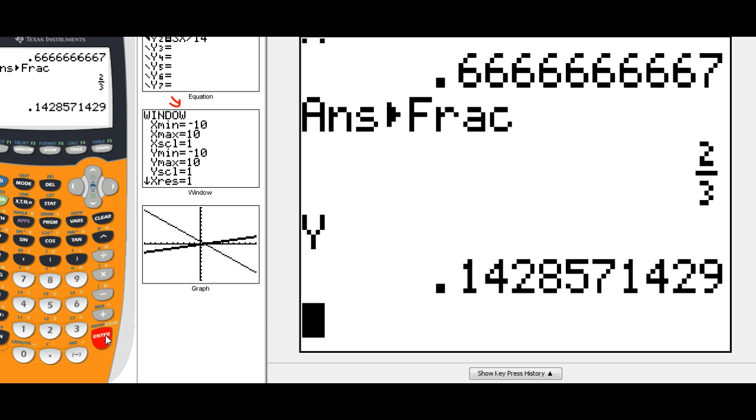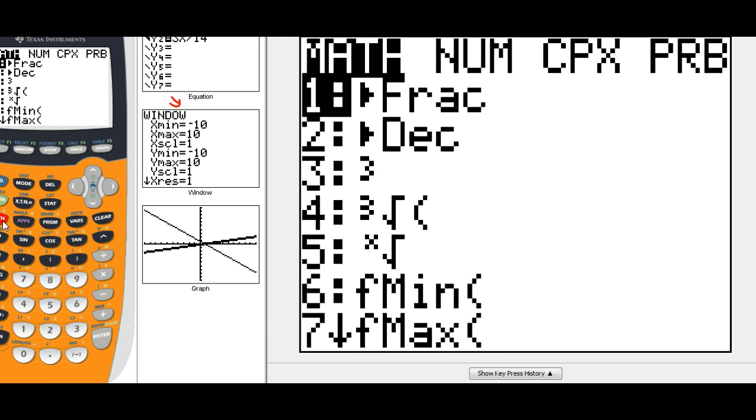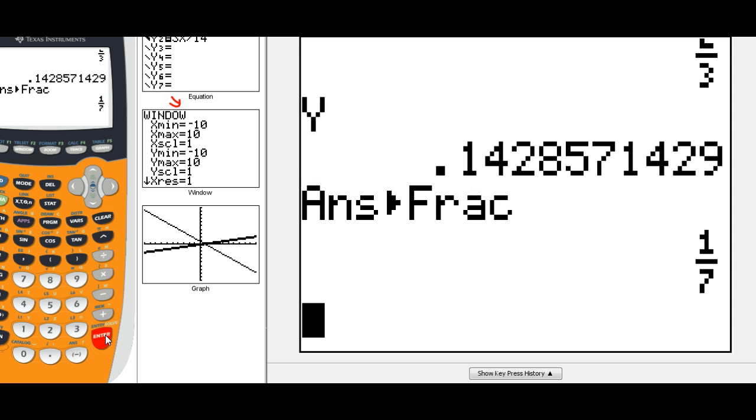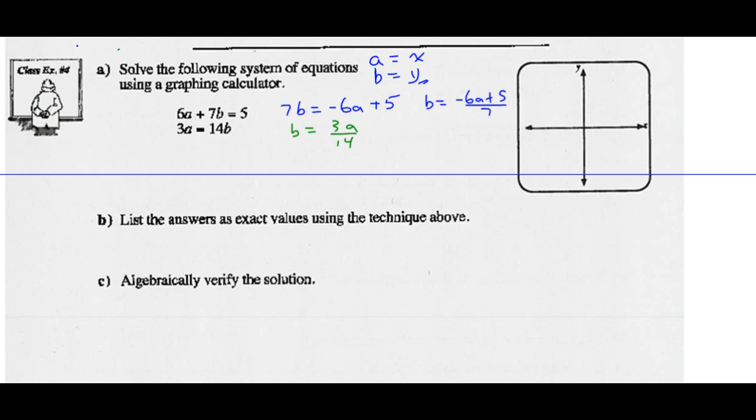So Y was 0.14285711429. Again, just hit your math fraction button, and it'll tell us what the Y value is as an exact value, and that is 1/7. So X was 2/3, Y was 1/7. We've got that as exact values. X equals 2/3, Y equals 1/7.